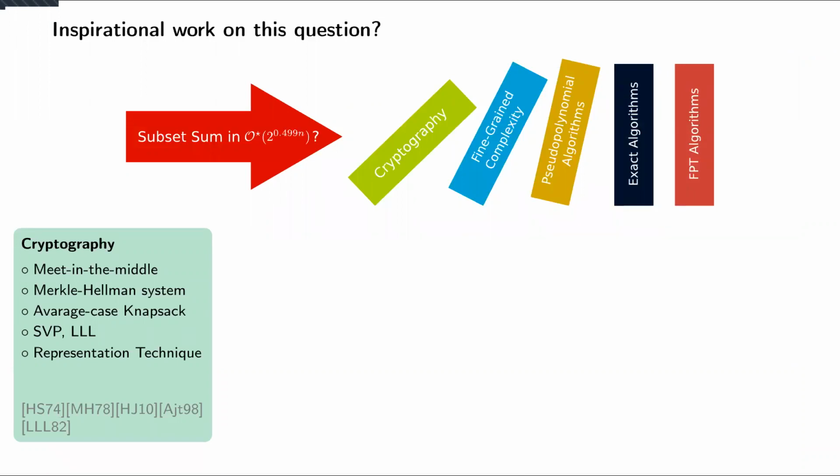There was big progress on average case knapsack by Howgrave-Graham and Joux in 2010. We also have, thanks to this question, the SVP and LLL. And recently it gave rise to the representation technique in cryptography.